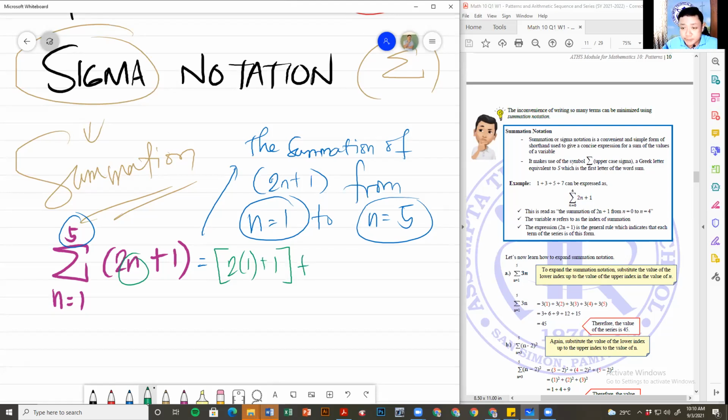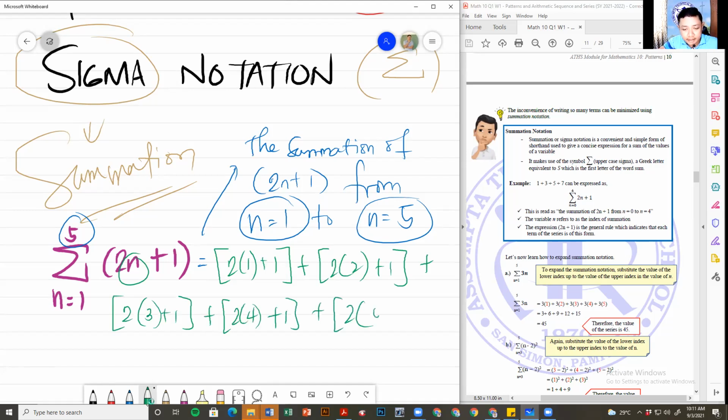Plus, because we are adding them, it's a summation. This will become 2 times 2 plus 1. And we do the same process until we reach the 5th term. That becomes 2 times 3 plus 1. And then 2 times 4 plus 1. And then 2 times 5 plus 1. Okay?